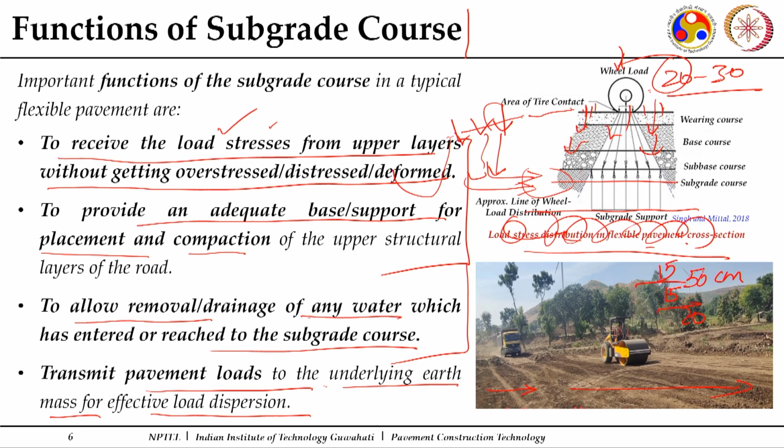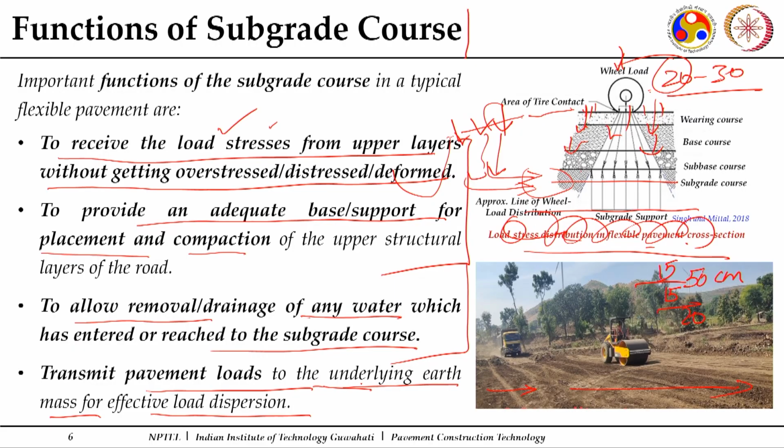So, it should serve as a good foundation for those pavement crust layers, to take up the load stresses which are going to come during the design life. If some water enters, if it serves the purpose of removal, very good. And if there are high embankments, then the load which reaches the embankment should also be allowable within the capacity of that embankment layer strength.